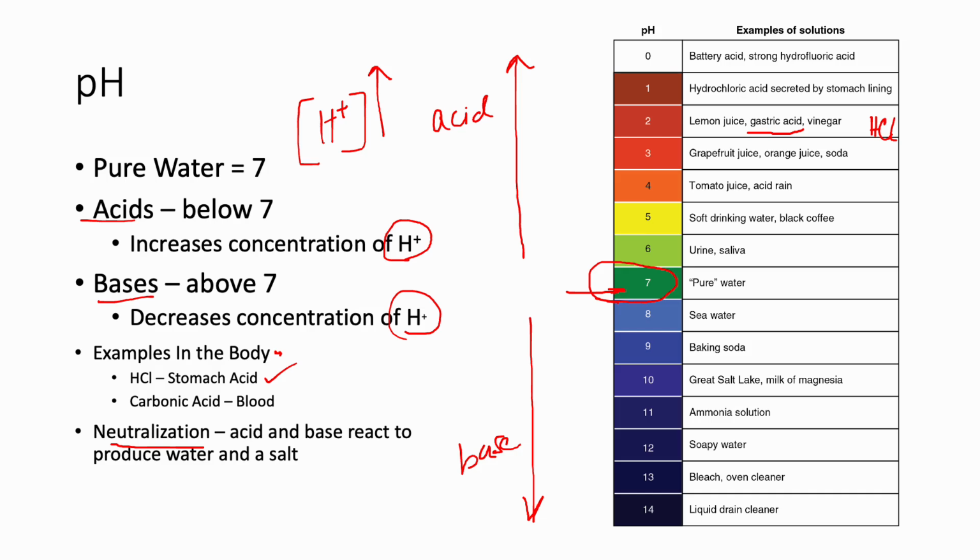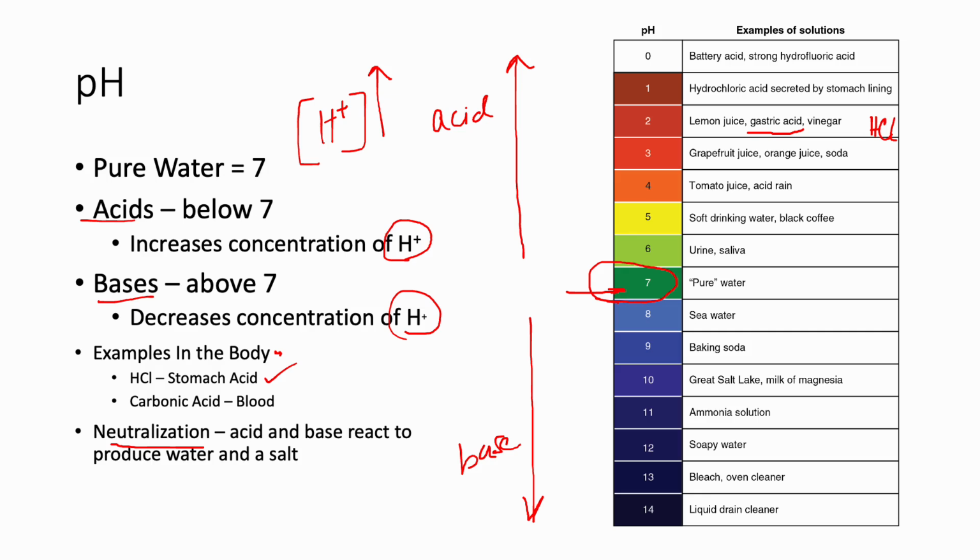Now, I just want to make sure that I reiterate, we know that an acid is anything below 7, and the acid is stronger as the number gets lower. A base is anything above 7, and again, the base is stronger as the numbers get higher. Now, hydrogen ion concentration.